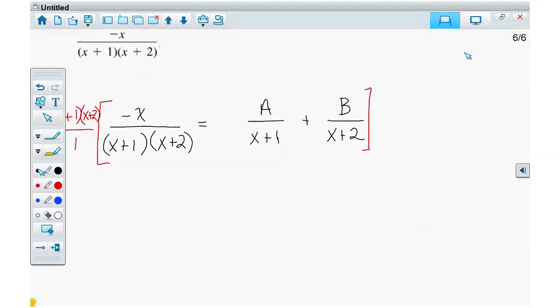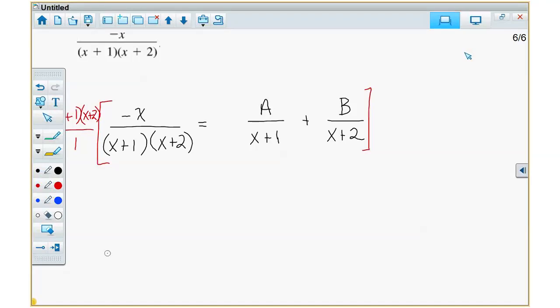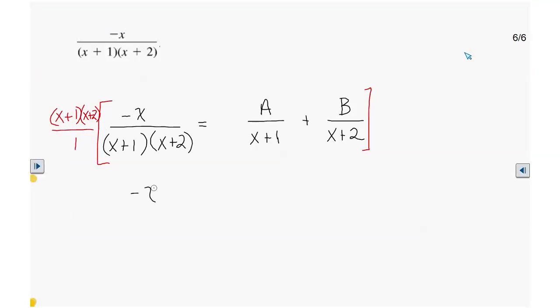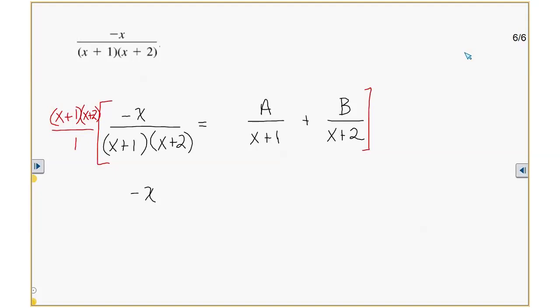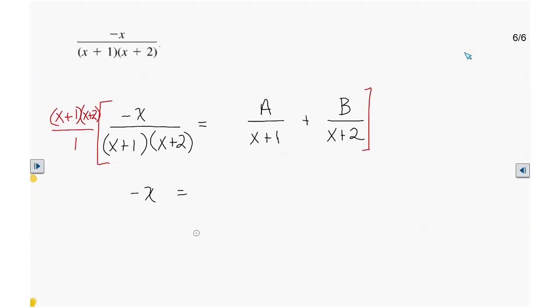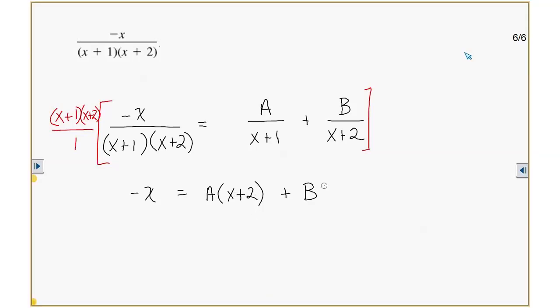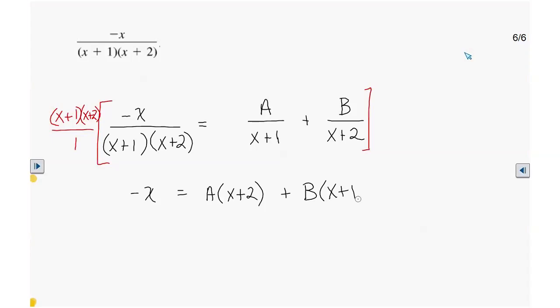So, on the left side, you're always going to get the numerator of this fraction. That's what you're supposed to get. And then over here, you're going to get A times x plus 2 plus B times x plus 1.